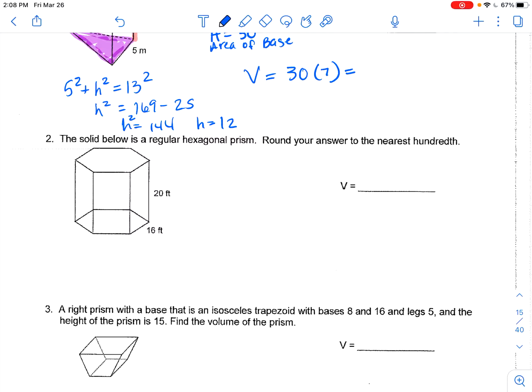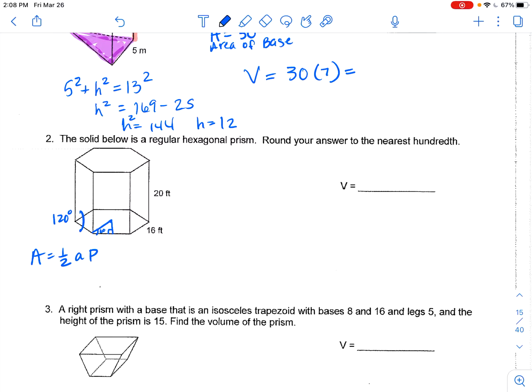In the next figure, we have a regular hexagonal prism. We did this back in our other unit, and we know that the angle of one of these is 120. If I draw in my apothem, this is the way we find the area of a hexagon. Area is 1/2 the apothem times the perimeter.